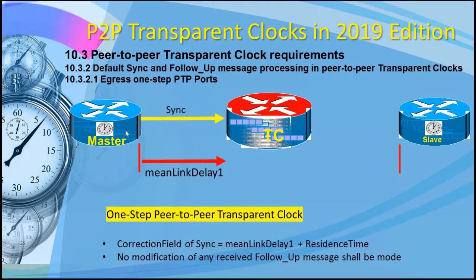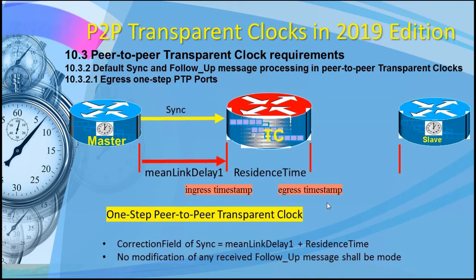When the master side sends out a sync message, it is received on the ingress port on the transparent clock, and the message coming out from the egress port generates another timestamp called egress timestamp.